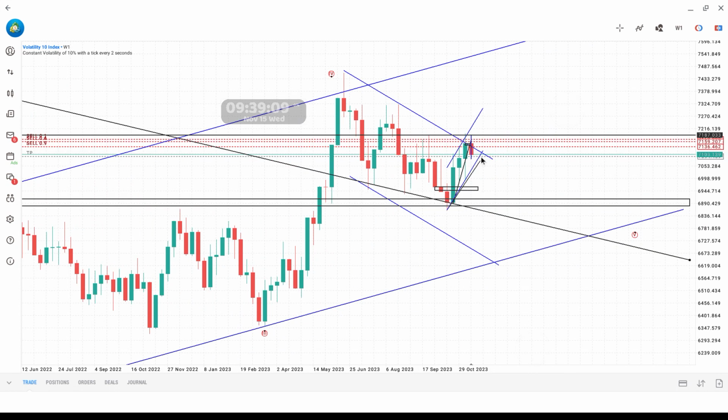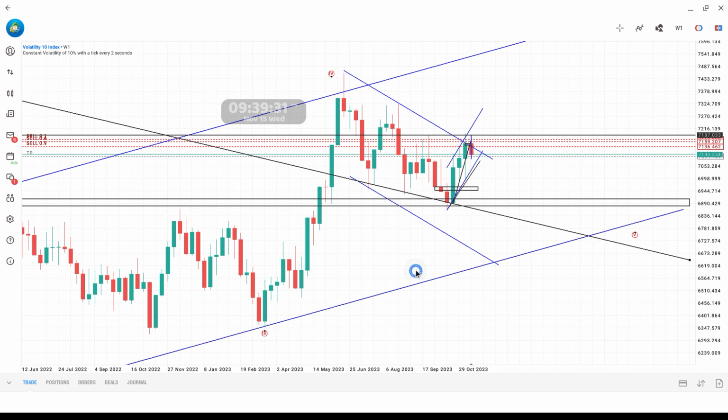So I'm still expecting price to come back here or here, bounce, come down again, bounce until it hits our support trend line. Then when it hits that support line, that will be the time that I want to be looking for buy entries fully. So that is that on the weekly time frame.